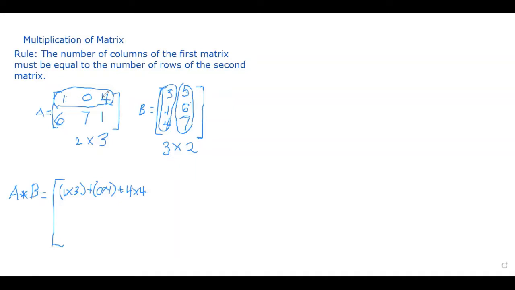Then we take the same row and drop it on the second column: 1 by 5, plus 0 by 6, plus 4 by 7.